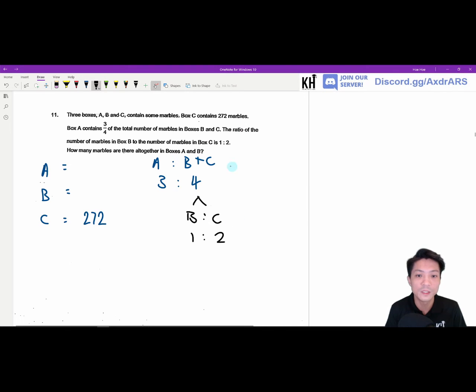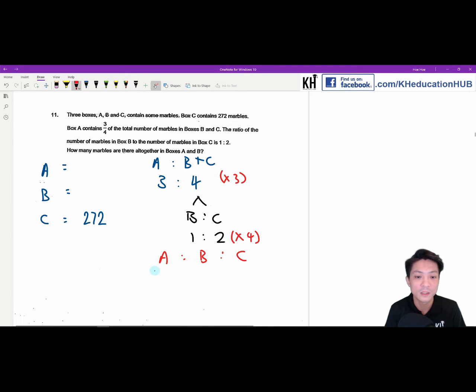Okay, so with this information over here, I can basically combine the ratio. I'm gonna make them the same because this is 4 units over here, so I'm gonna times 3. These 3 units here, I'm gonna times 4. Okay, which means that A is to B is to C is going to be 9:4:8.